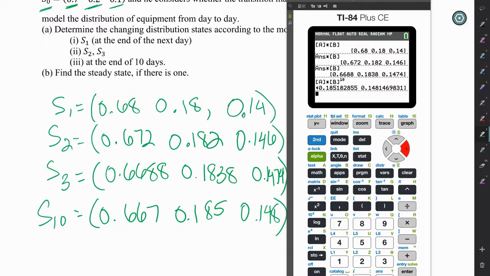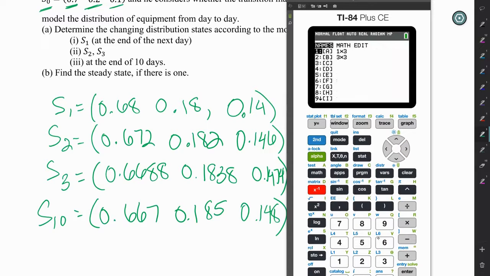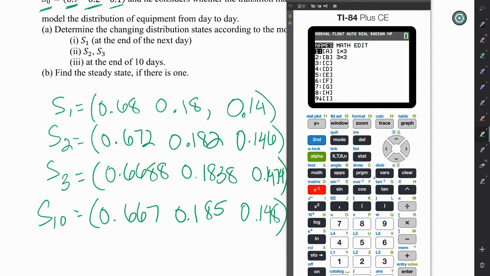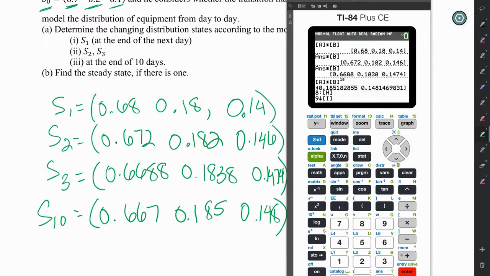Okay, so find the steady state if there is one. Well, it looks like we've kind of already found that steady state. If you look from S3 to S10, not a lot of changes going on. But what we can do is we can say, okay, you know what? I'm going to take my matrix A, what I started with, and I'm going to multiply it by my transition matrix. Let's try 100 times. Let's see if the calculator can handle 100. It might not be able to handle 100, but let's see what happens. Let's see if it'll do B to the power of 100.